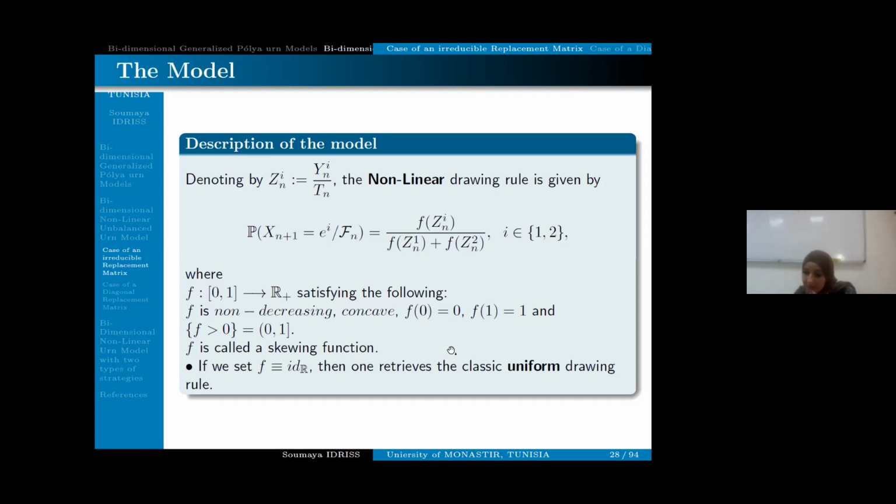Did you consider some specific value of F which could lead to some possibly nice combinatorial models? For example, could you take F equals X squared? If F equals X squared, then it is convex, right?